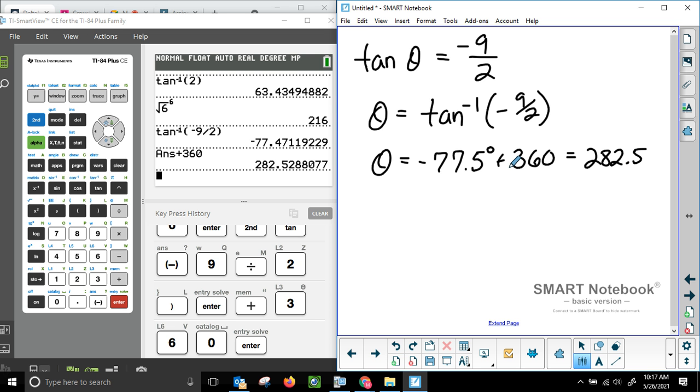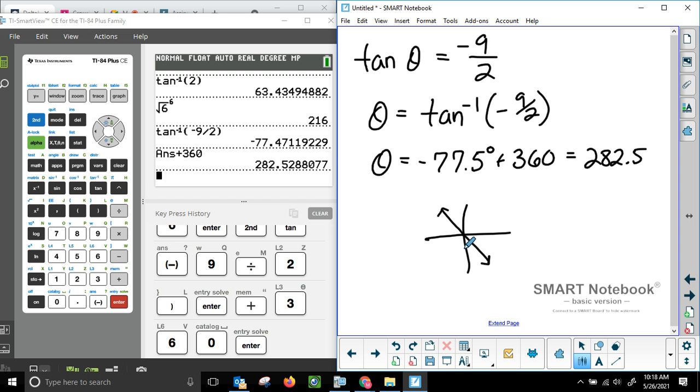Now, tangent will be negative in two different quadrants. It would be negative in the fourth quadrant, which is where we are, 282 degrees. It would also be negative in the second quadrant, and of course they would have the same reference angles, right?